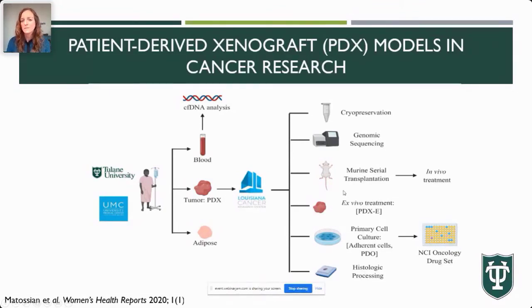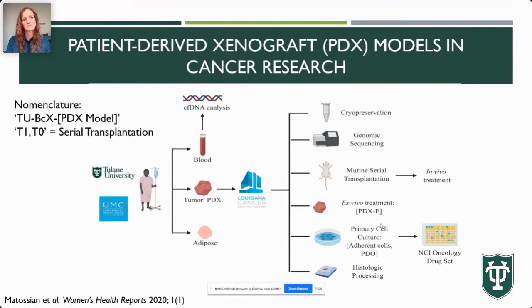We can propagate these models in mice for more immediate use. And then we can characterize these tumors on a genomic level using genomic sequencing, as well as histologically and looking at other features. And then we can generate cell culture systems, 2D or 3D, in order to further interrogate these models in our work.